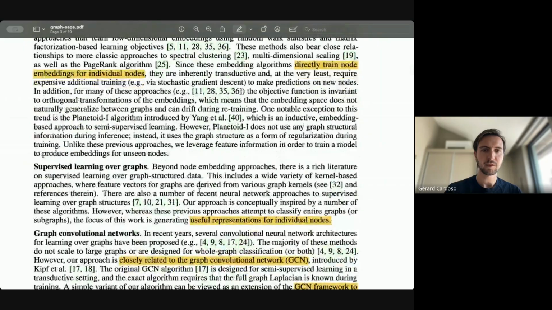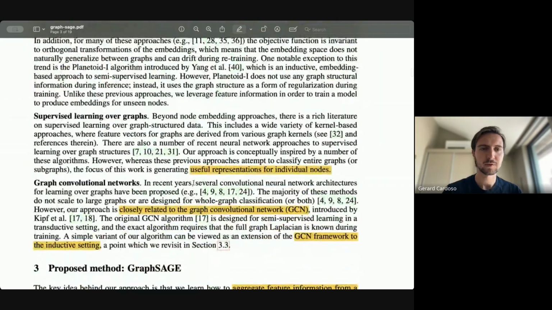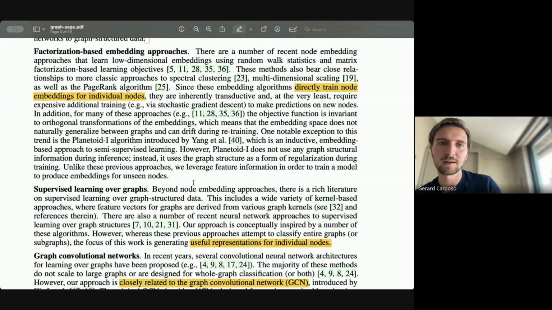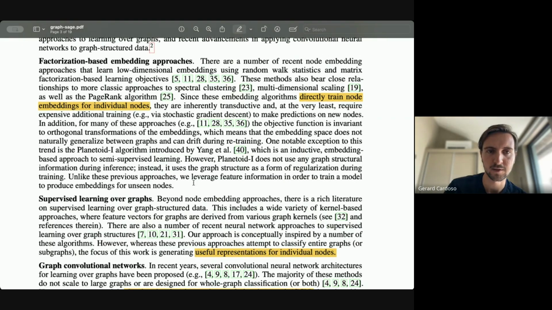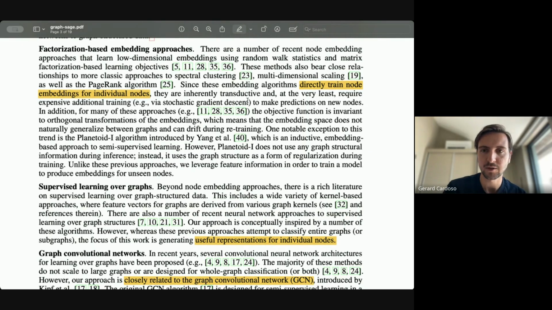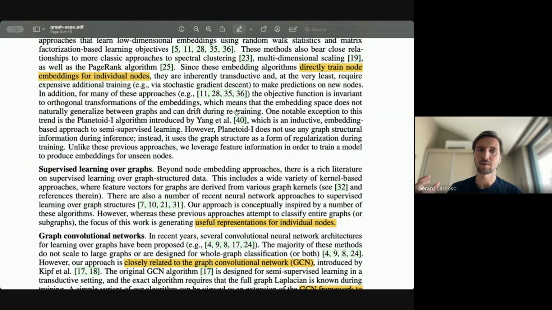I'm going to skim over this, but it talks a little bit about the background of different methods that have been used in the past, which are the transductive ones. As I mentioned, you directly train on node embeddings for individual nodes in a static graph.